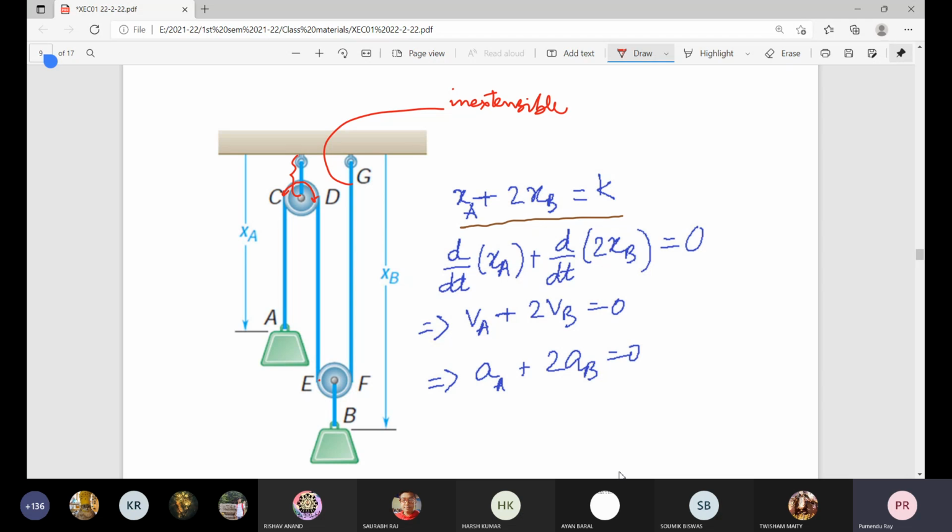Then this length is some other constant, etc. So this length plus this constant length plus this length plus this length plus this constant length, that is equal to the total length. If there is no possibility of any increase in length, then the total length is constant.